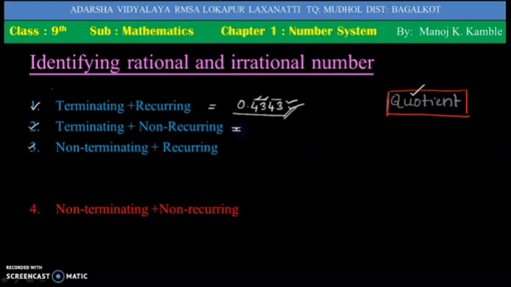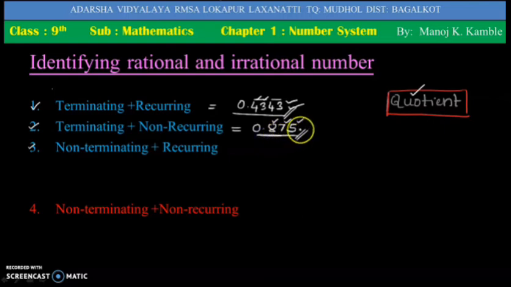For the second example, terminating with non-recurring, take 0.875. Once again it is terminating because the decimals end. The first digit is 8, second 7, and third 5. All the digits are different, so they are not repeating. That's why it is called non-recurring and also terminating.